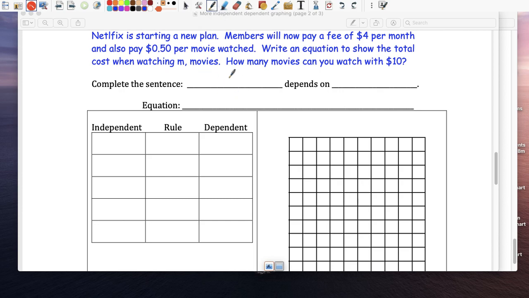So the total cost per month is going to depend on the number of movies that you watched, plus your $4 fee.